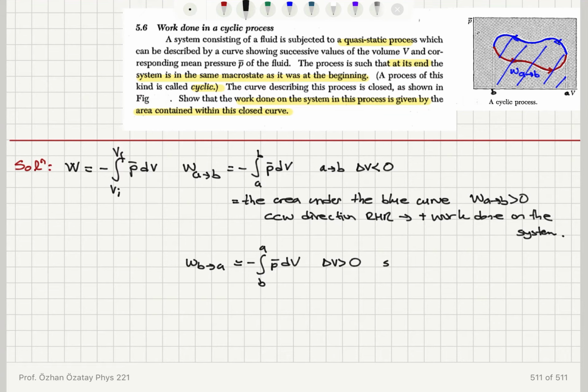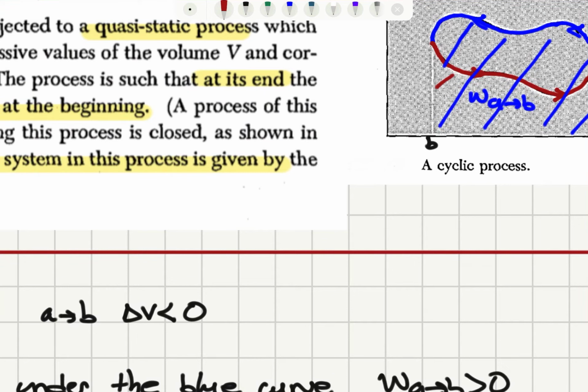So W B to A will be negative. So this is minus the area under the red curve. The area under the red curve is here.